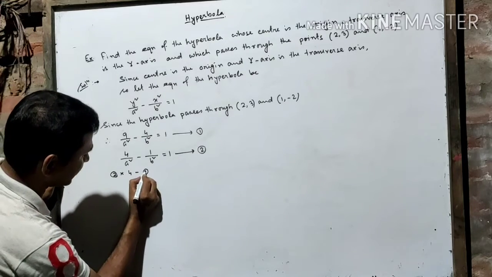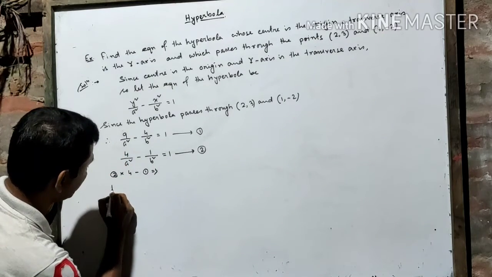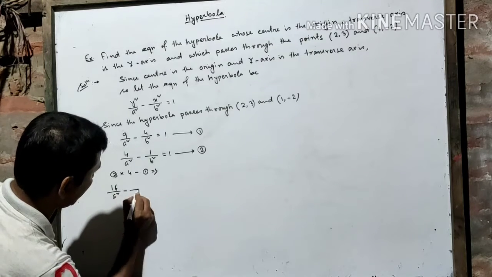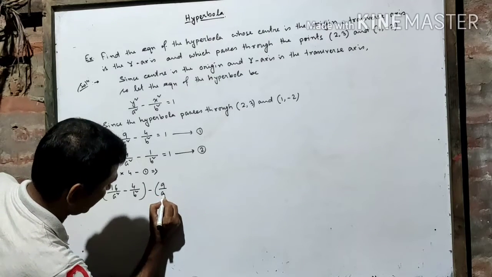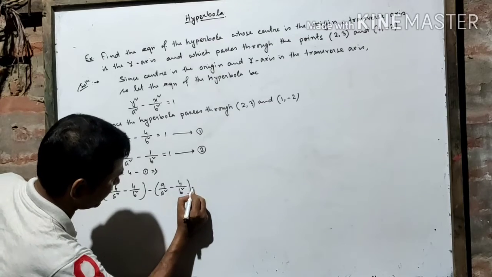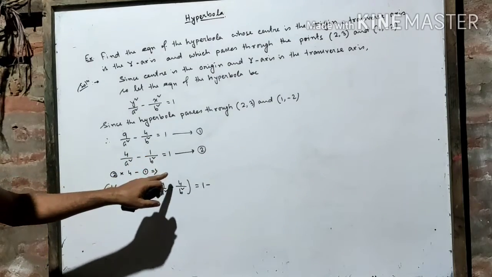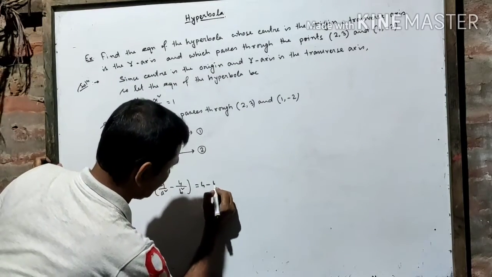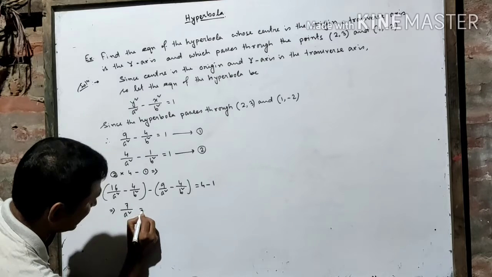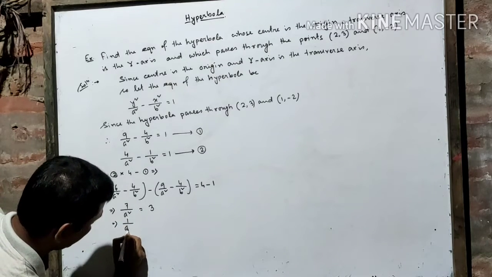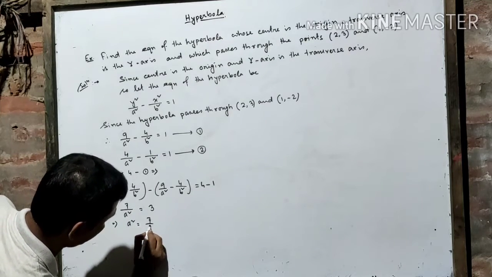So multiplying 4, we will get 16 by a square minus 4 by b square is equal to 4. Subtracting the first equation, 9 by a square minus 4 by b square is equal to 1, we get 7 by a square is equal to 3, which implies a square is equal to 7 by 3.